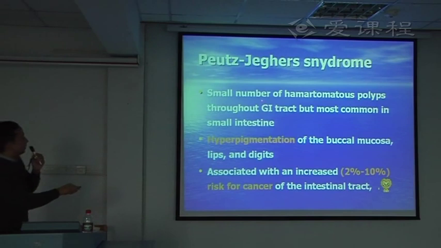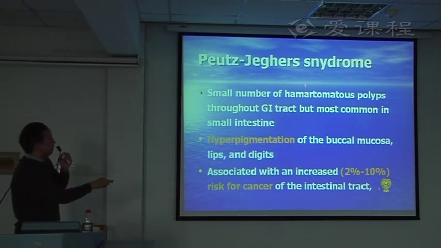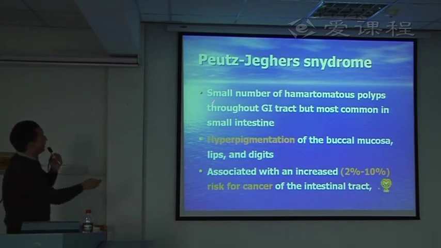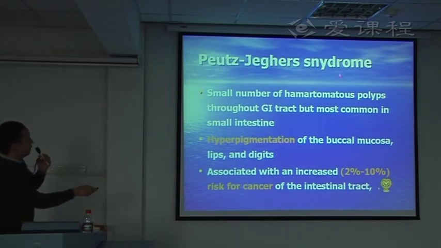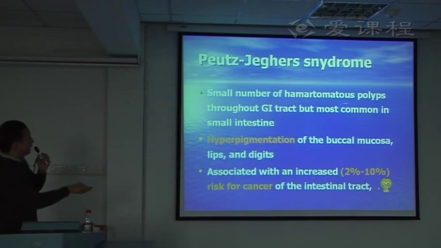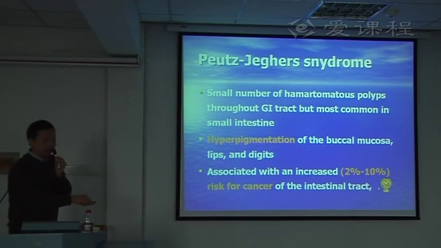The polyps are hamartomatous polyps, not adenomatous polyps. There is a small number of hamartomatous polyps throughout the GI tract, but mostly in the small intestine.